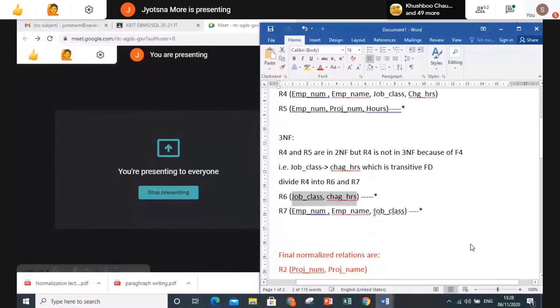So I have it as a foreign key because it is a primary key in R6 now. In my base relation, I was having employee number, which is not present in R6. So I have kept employee number as it is. And also it is primary key. So I have to keep it. Employee name, which is not present in R6. So I have kept it here. Job class, which is a primary key here, I have to keep it as a foreign key. And charging hours, which is not present over here, so I have not put into my next relation. Clear?